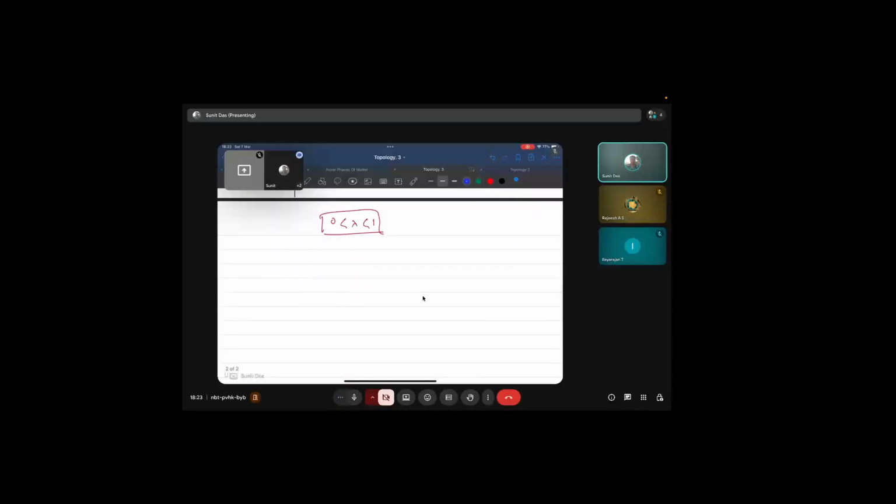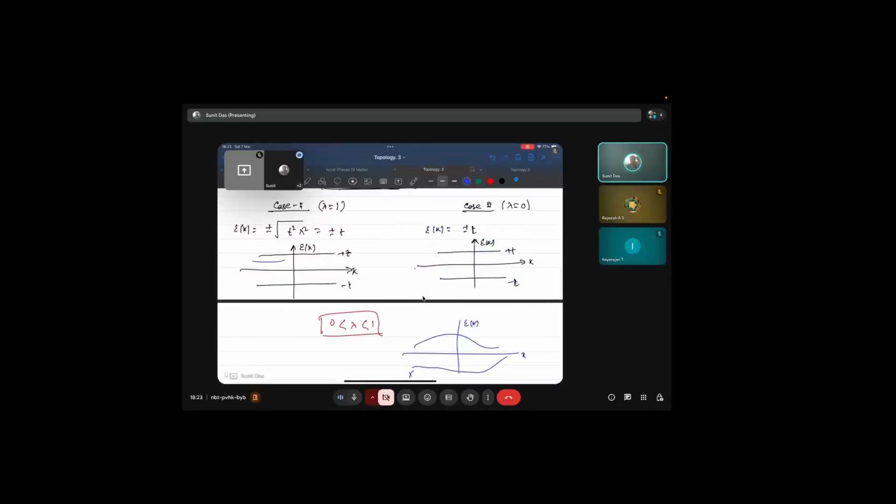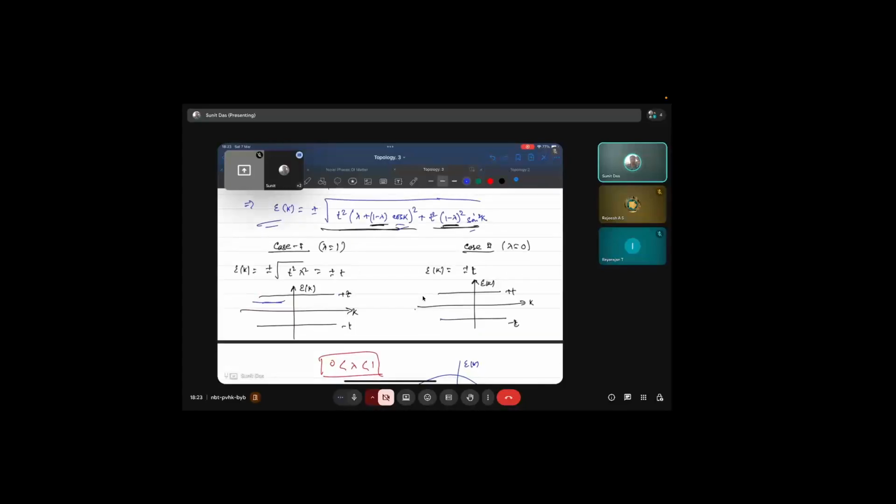Now for lambda 0 to 1, there will be some dispersion, epsilon as a function of k. This is not exact, but there will be some dispersion. These will not be a constant function because there is a cos k and sin k involved.